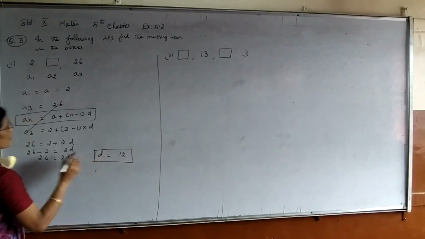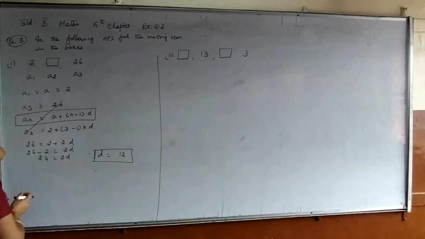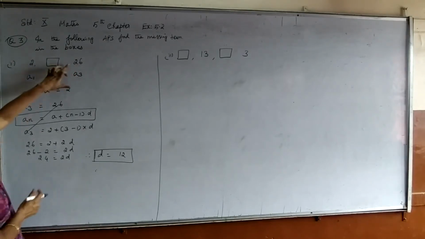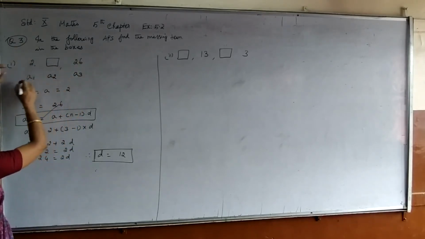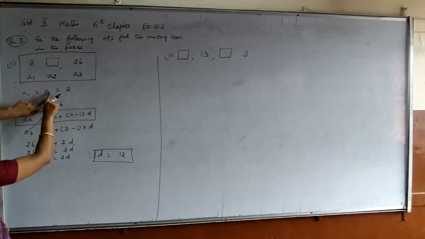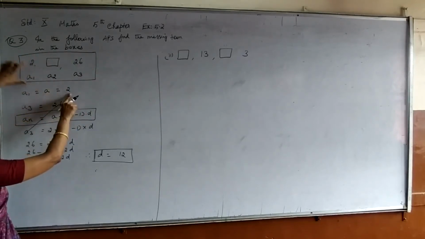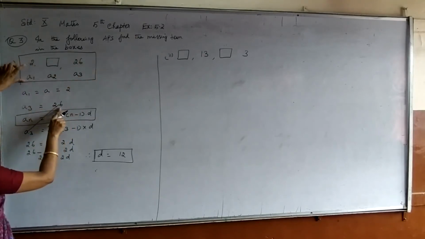Hope you understood. We'll go back to the question. 3 terms are given. First term is given. Also, the third term is given. Using first and the third, we are asked to find out the second term. So, a we took it is equal to 2. Next to this, we are starting with a3. a3 is equal to 26.